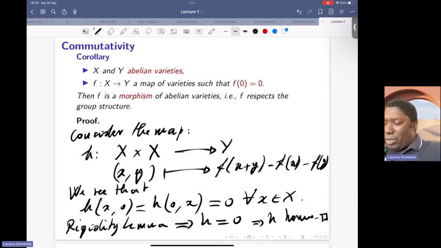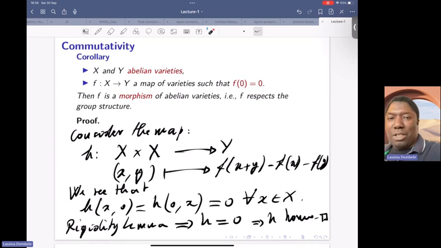So the rigidity lemma is saying that as soon as you have two abelian varieties, which we call X and Y, and a morphism of varieties between these two objects which sends the neutral element to the neutral element, then this map has to be a morphism of groups.